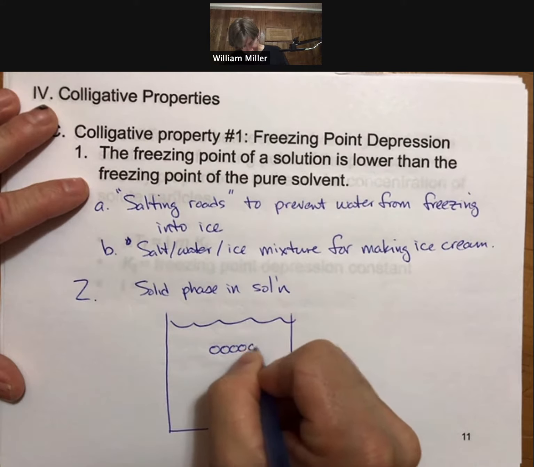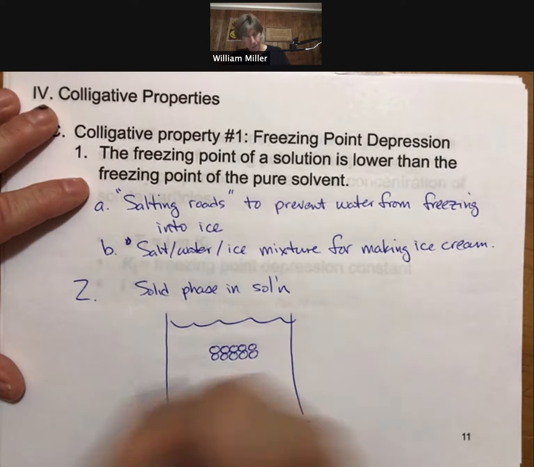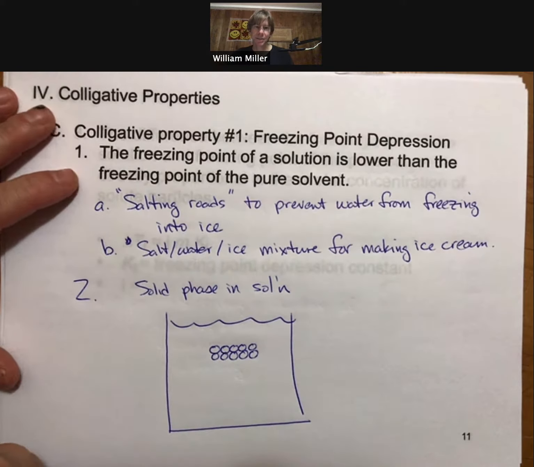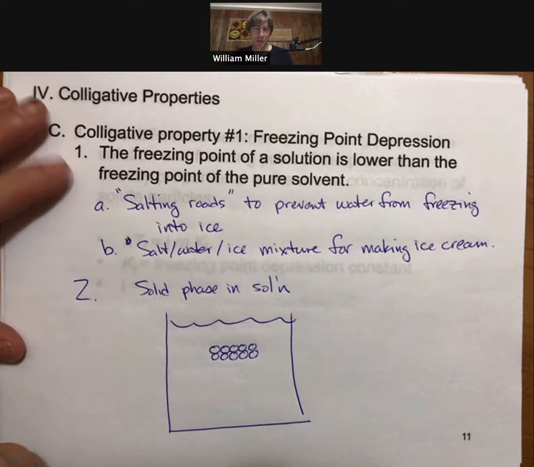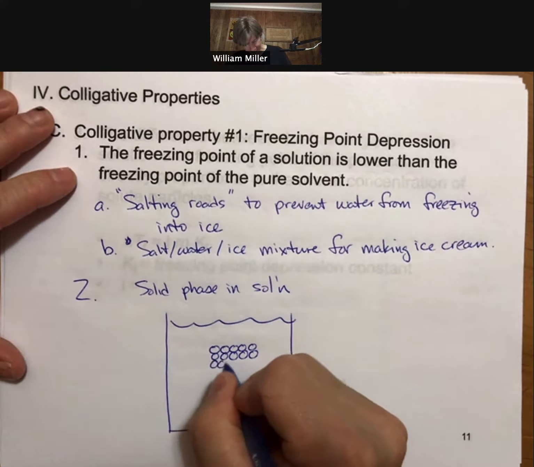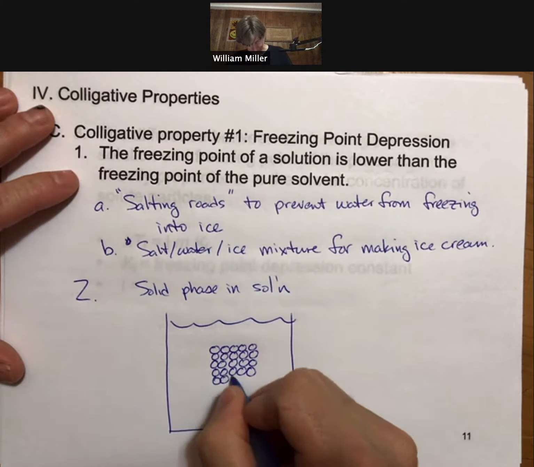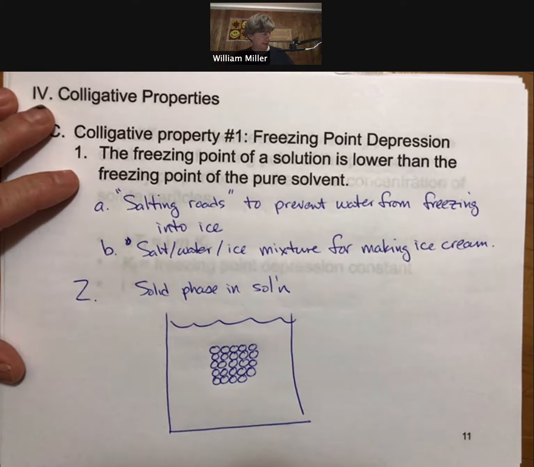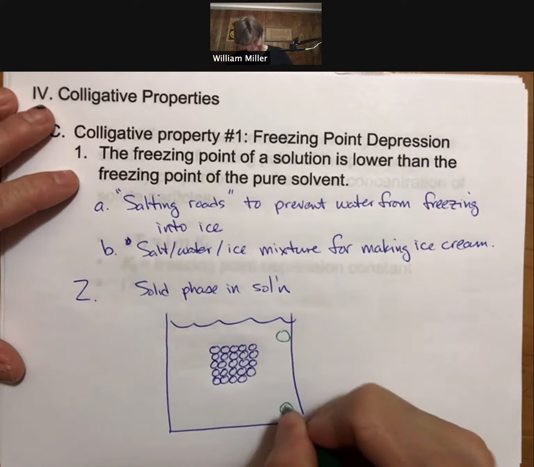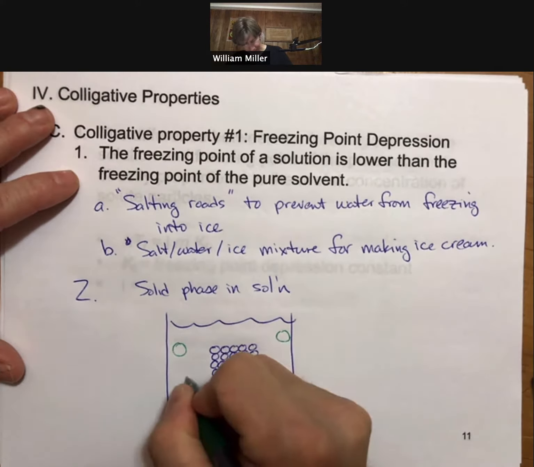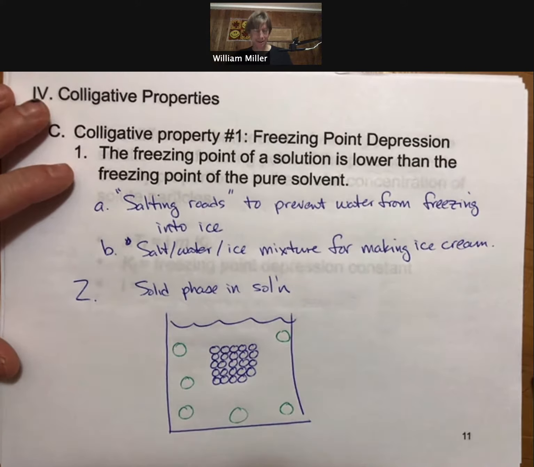Our picture of a solid phase has not changed, or at least our simple picture, from the very beginning of this class. It's got three-dimensional order, which I will now draw as two-dimensional order here. And there's a bunch of solute particles floating around, and I'll draw the solute particles as bigger. Doesn't matter what the solute particle is.